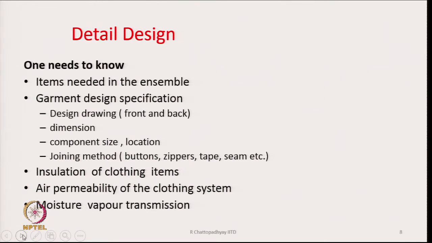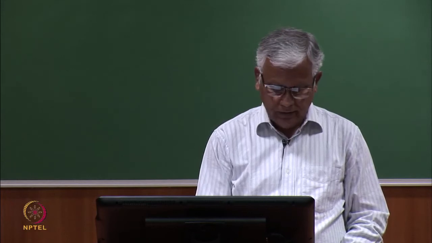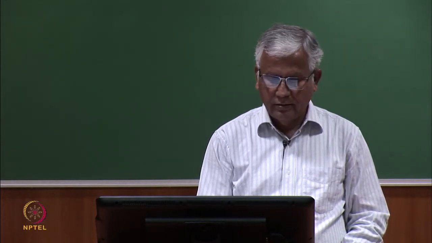So, we need to know the permeability of the clothing system as a whole, and moisture vapor transmission is another aspect. Whether moisture vapor transmission will be easier or it will be restricted, because it will have a lot of influence on the comfort aspect of the winter garment. So, all of them need to be considered for detailed designing.